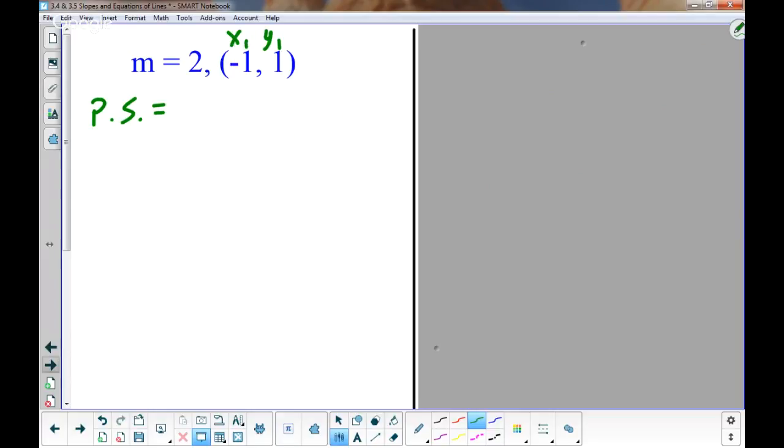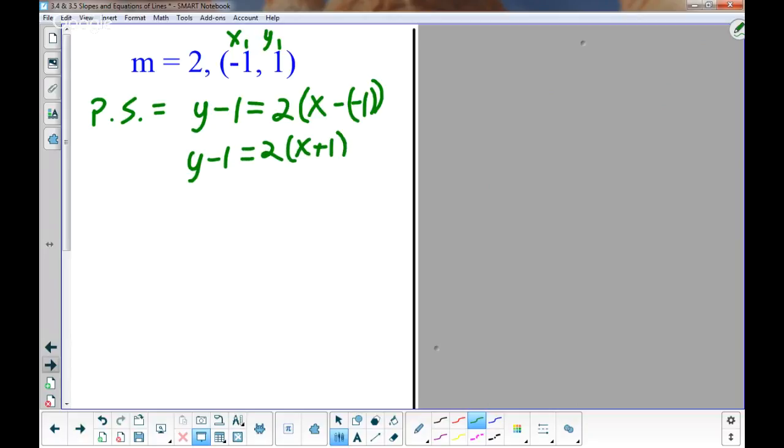So I'm just going to plug it into my equation. y minus y1 equals m times x minus x1, which would be minus negative 1. So y minus 1 equals 2 times x plus 1. And that's what I'm going to write as my final point slope. That's all I have to do for point slope. Just plug it in and let it sit.